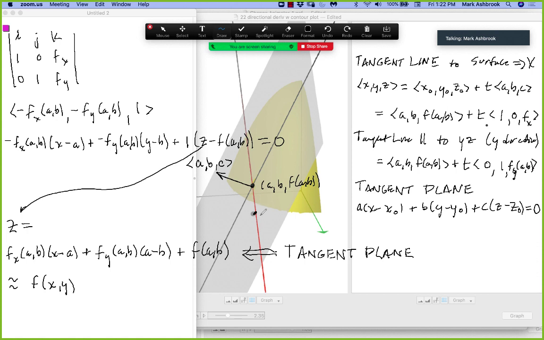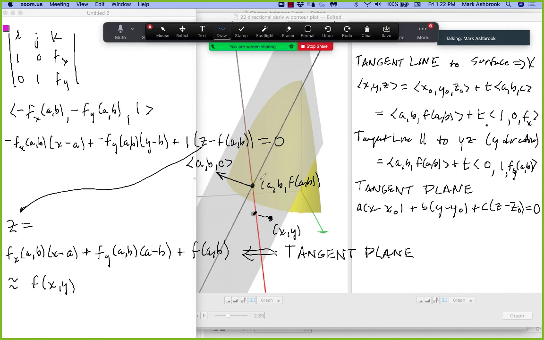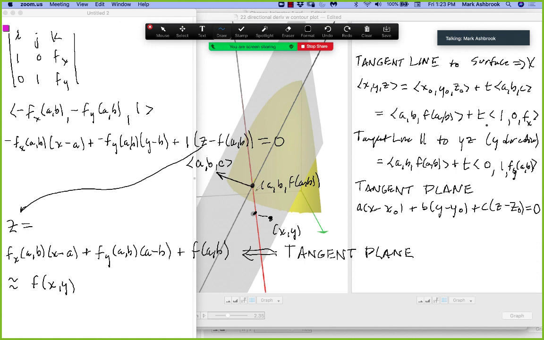We started at (a, b). We moved away from (a, b) a little bit to some point (x, y). And this expression was an approximation for the value of the function at (x, y), based on the derivatives at (a, b). So this expression is the tangent plane, and it's also an approximation for the new z value. So why does that make sense? Well, for points (x, y) close to (a, b), the tangent plane is very close to the surface.